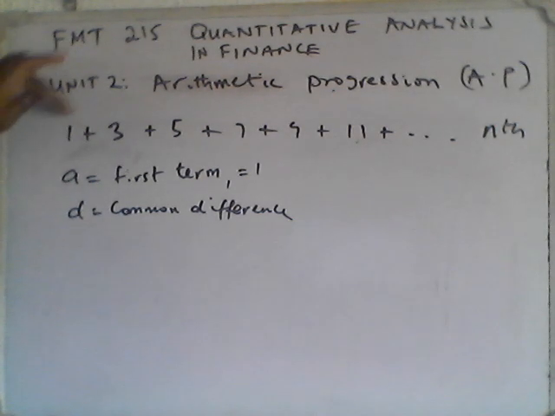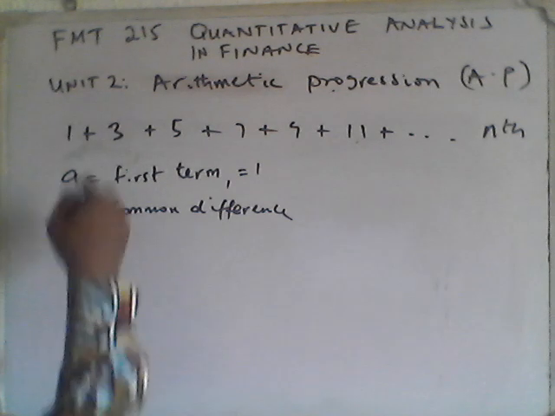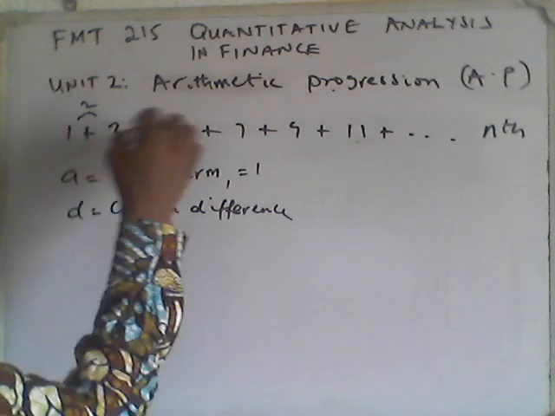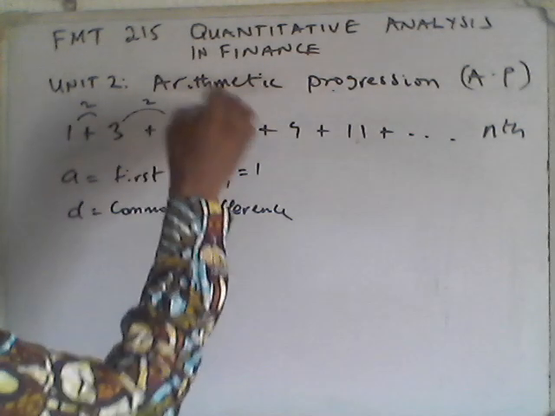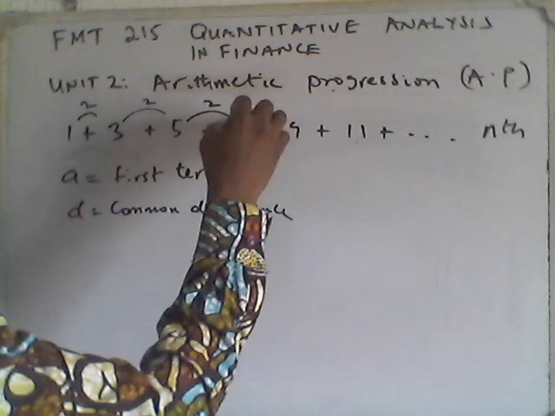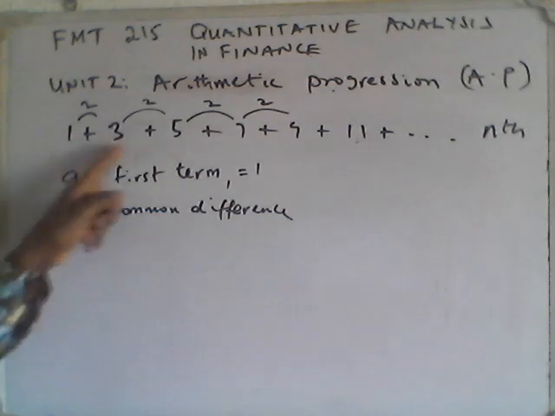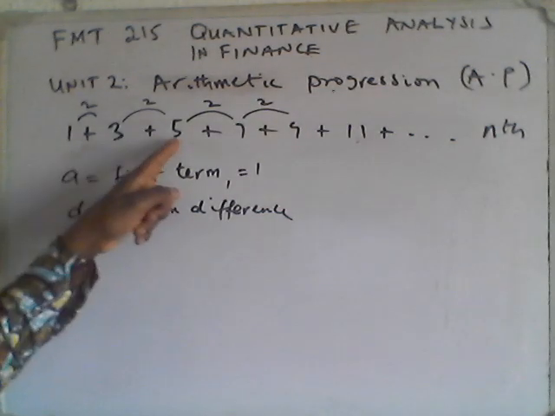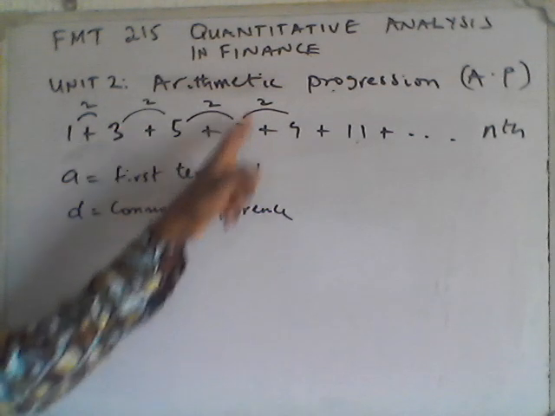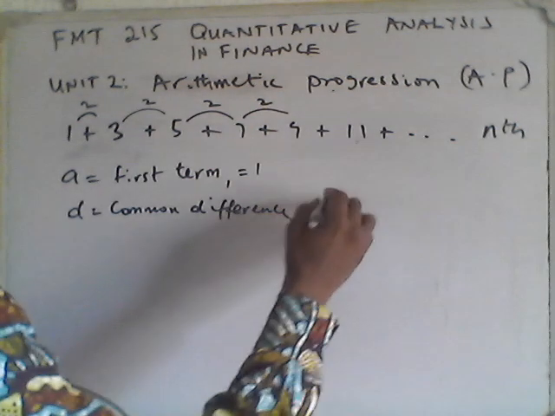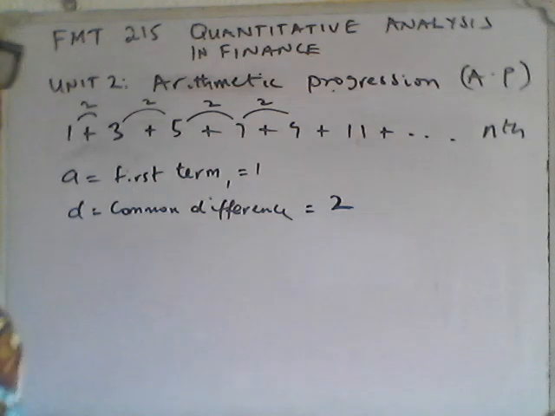This is the first term, this is the second term, this is the third term. Between each pair there is a difference of 2. You agree with me that 3 minus 1 is 2, 5 minus 3 is 2, 7 minus 5 is 2, 9 minus 7 is 2. So there's a common difference, which is 2. That is one of the characteristics of an arithmetic progression.